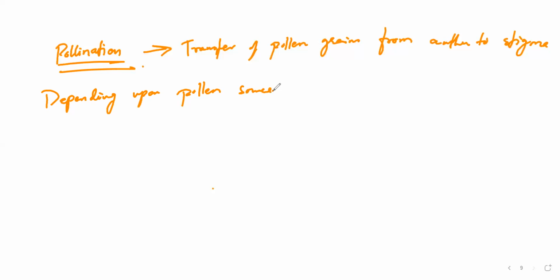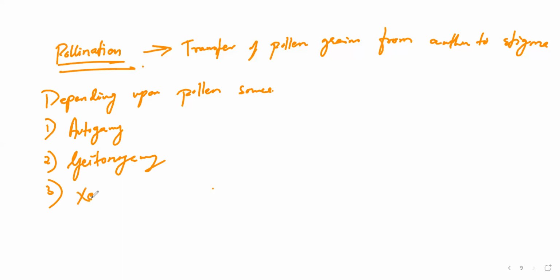It has been divided into 3 main categories: autogamy, geitonogamy, and xenogamy. Okay, so now what are these autogamy, geitonogamy, and xenogamy?